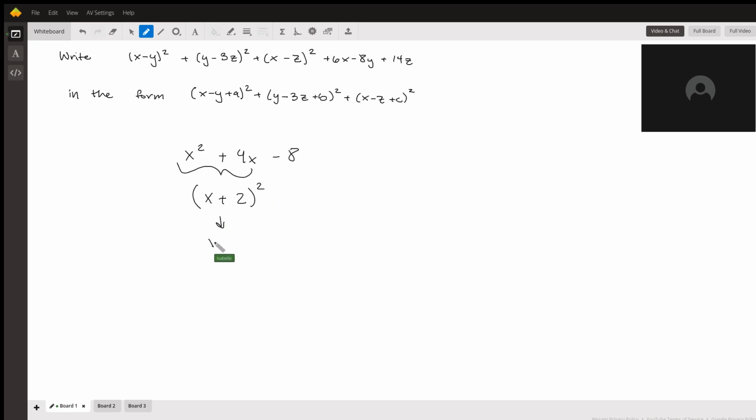And that would give us the x squared plus 4x that we're looking for, but it also gives us an extra 4 out here. So we would just subtract that 4 and then also subtract the 8, and that would give us a new form, or vertex form, of this quadratic equation by completing the square. And that's the same process I'm going to be using with this problem.